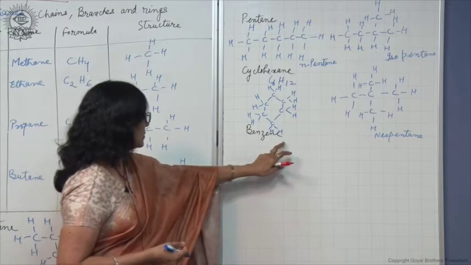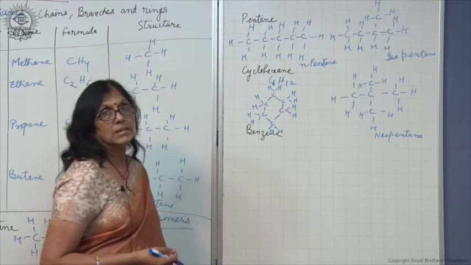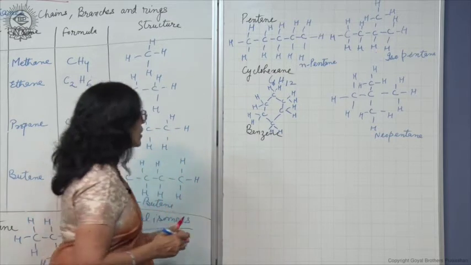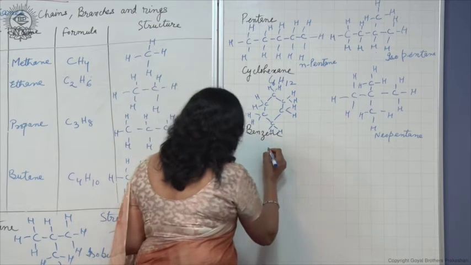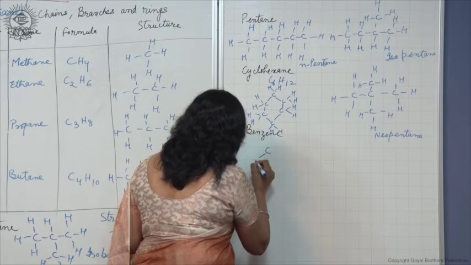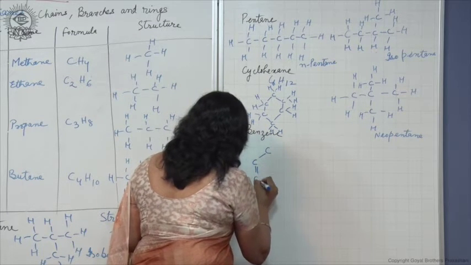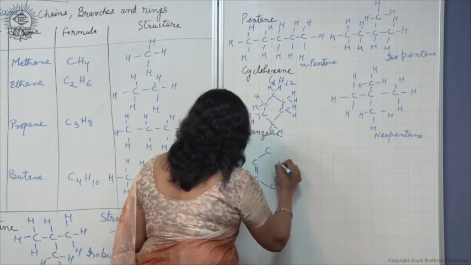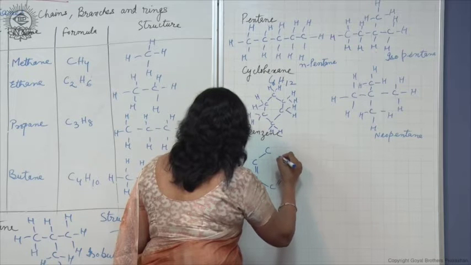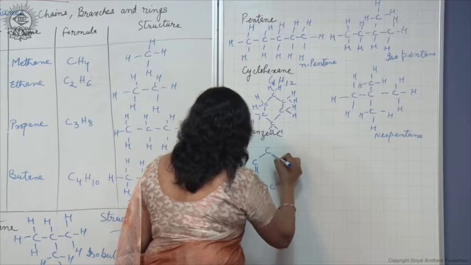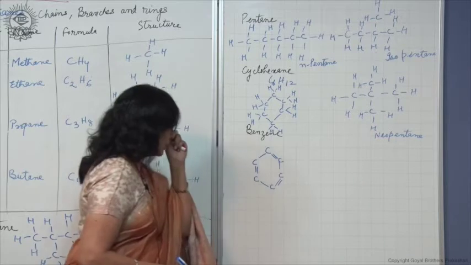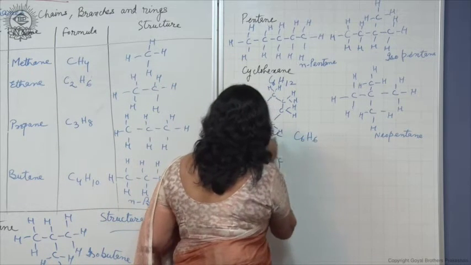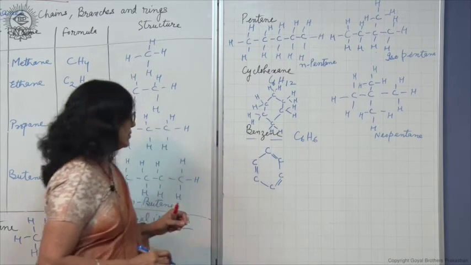Now, let us take another compound benzene, in which the carbon atoms form a ring of 6 carbon atoms. So, you can see the formula of benzene is C6H6.